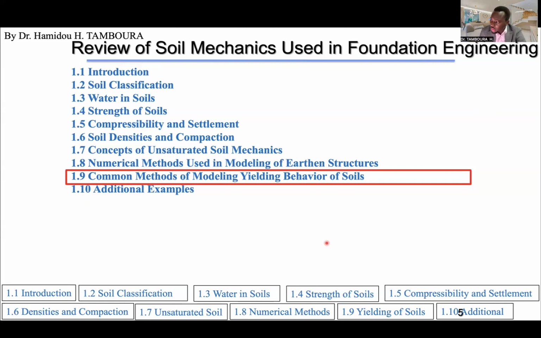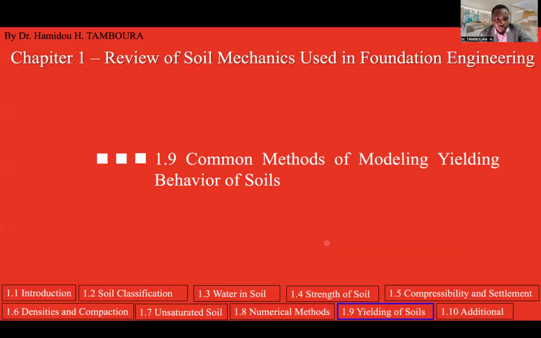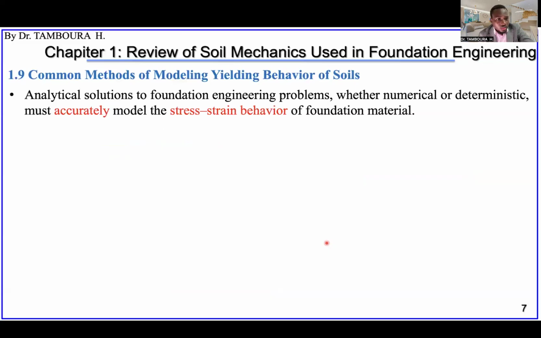So these are the laws that are used in software to compute the behavior of a soil. Okay, so analytical solutions to foundation engineering problems, whether they are numerical or deterministic, must accurately model the stress-strain behavior of foundation material.